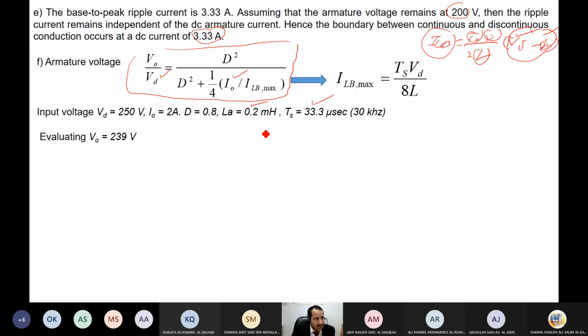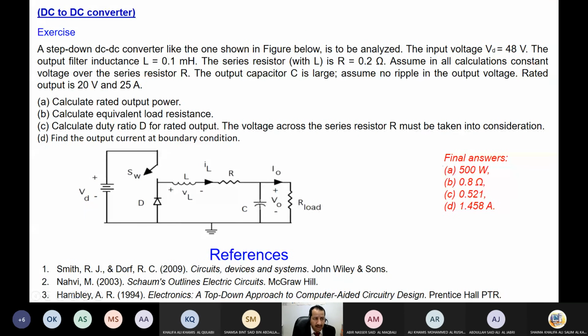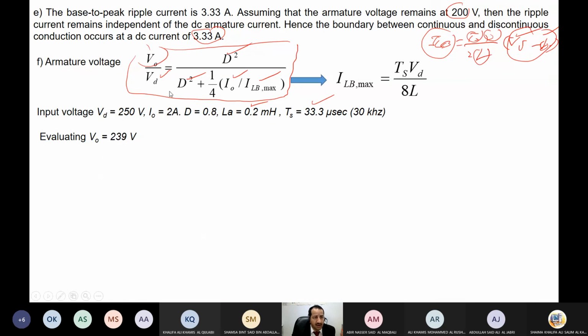Time of the switching, he gave it to me. I substitute everywhere here. D, I have it. ILB max, I have it. What is left? The output voltage. I cannot use V out over VD equals D because it is no longer continuous conduction mode. It becomes discontinuous conduction mode, so I have to go for this equation.